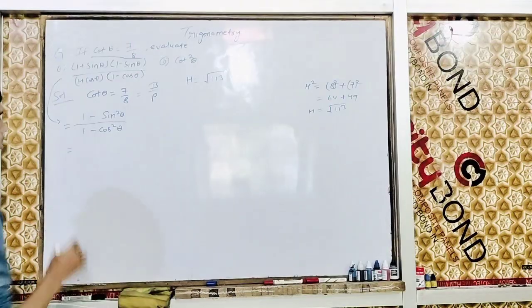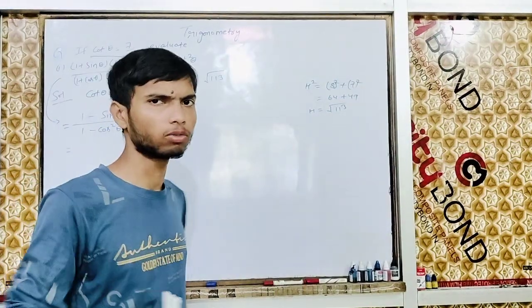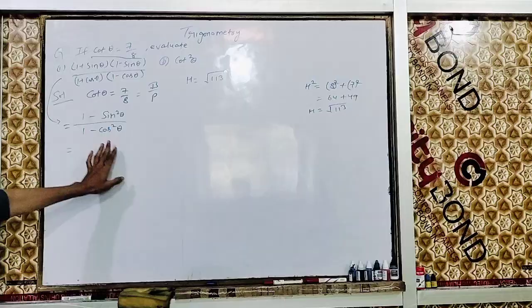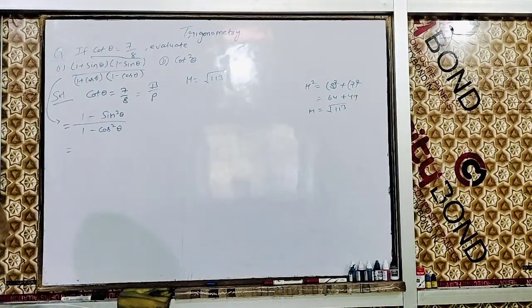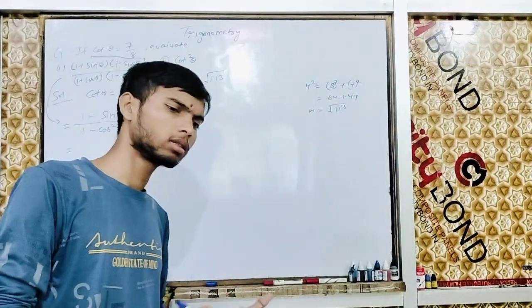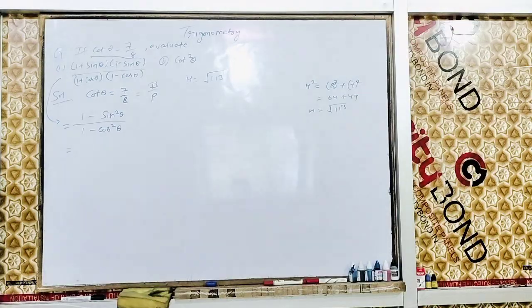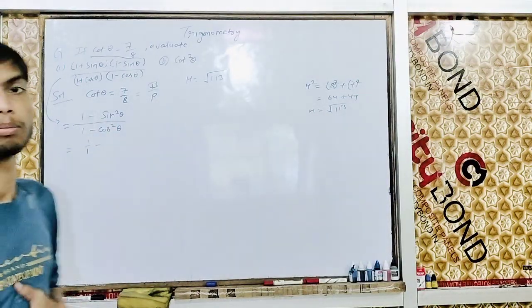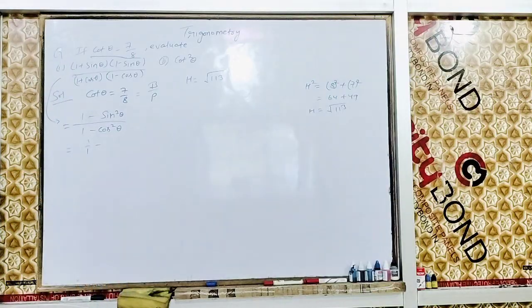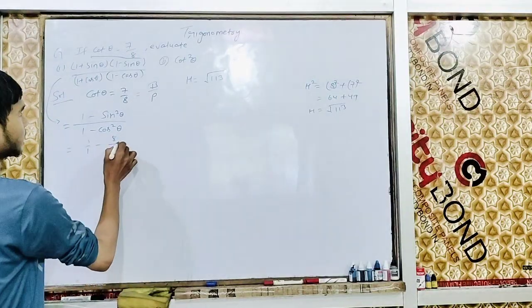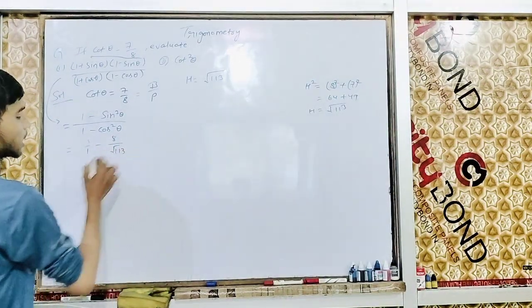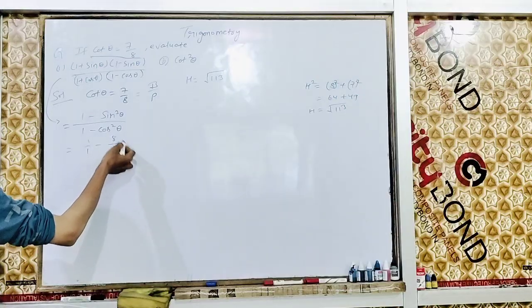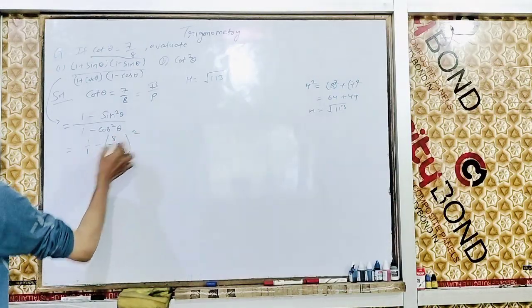Look at it. Just substitute the value of sine and the value of cos, then simplify. Sine is P upon H. P is 8 and H is root 113, and this fraction is in a square.